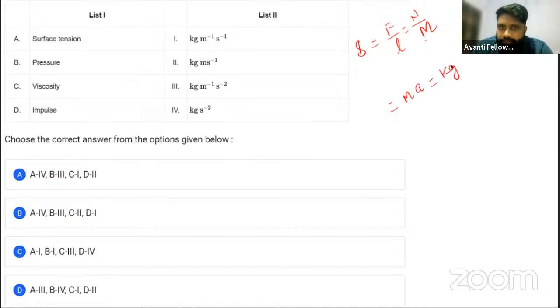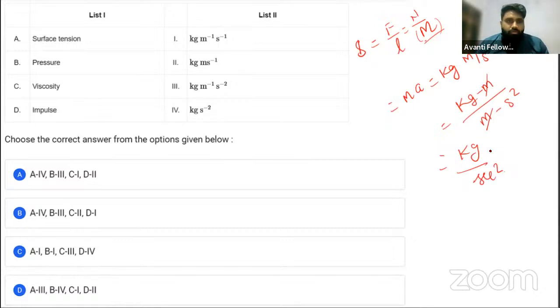Mass is kilogram, acceleration is meter per second square. So it has a unit of kilogram meter, and the second square will come in the denominator. In the denominator we already have meter, so it is meter second square. Meter and meter will cancel out.